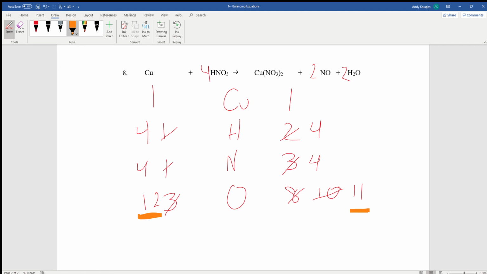So the question becomes, what do we do at this point? And to be honest, at this point, this becomes a little bit of trial and error. And so we may have to try a few different things until we finally get one right.